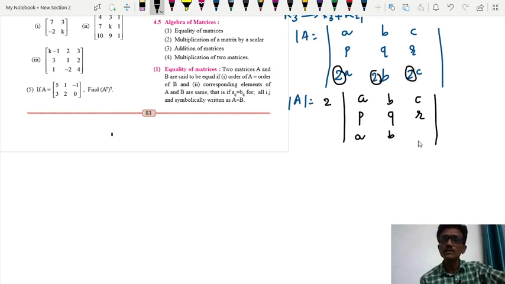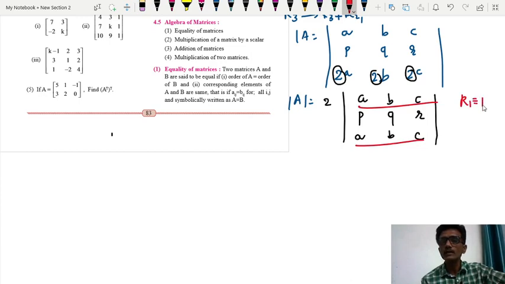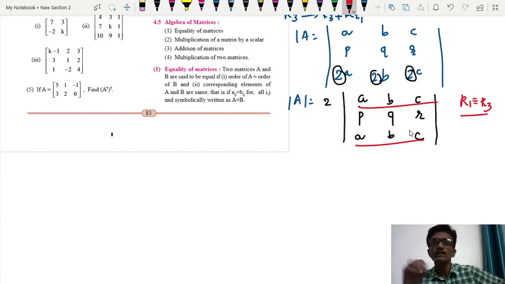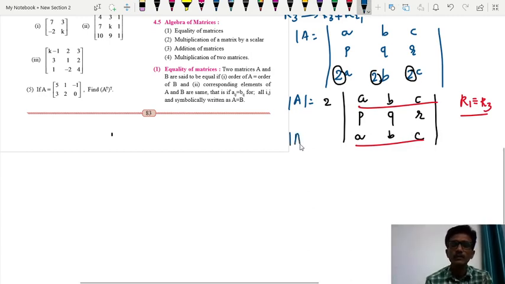Now you will observe that the first row and the third row are identical, that is, R1 is identical to R3. We have a property that when any 2 rows or any 2 columns of a determinant are identical, the value of the determinant is 0. So the determinant of A will be equal to 0.